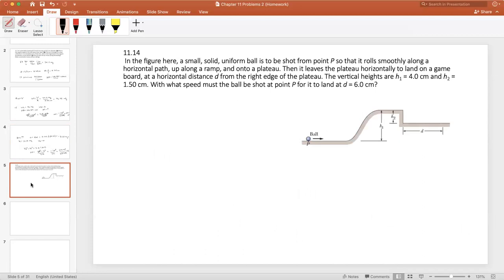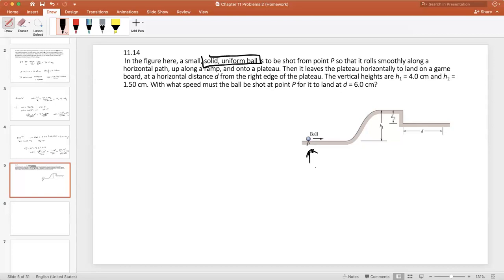So for this problem here, in the figure, a small solid, we need to make sure we note that this is a solid uniform ball, is to be shot from point P right here so that it rolls smoothly. That tells us that we're going to have rolling without slipping in this problem, which lets us relate omega and v and alpha and a.